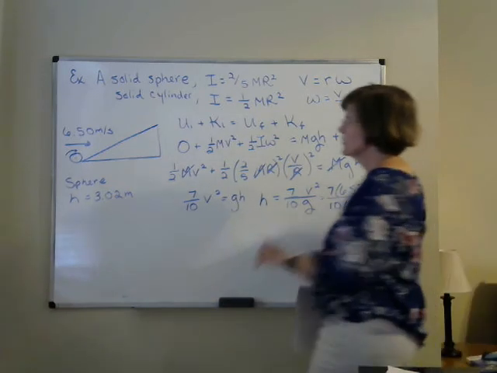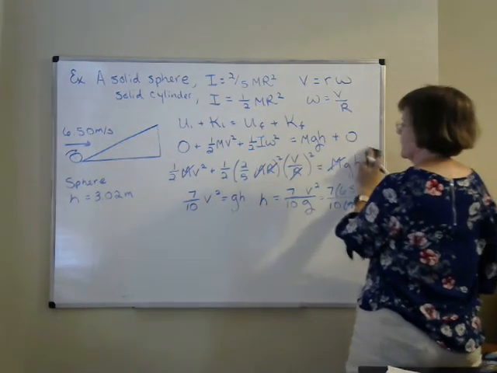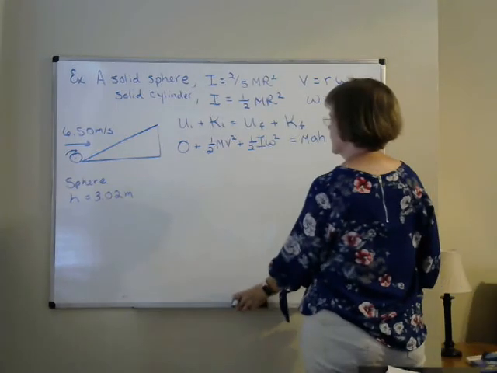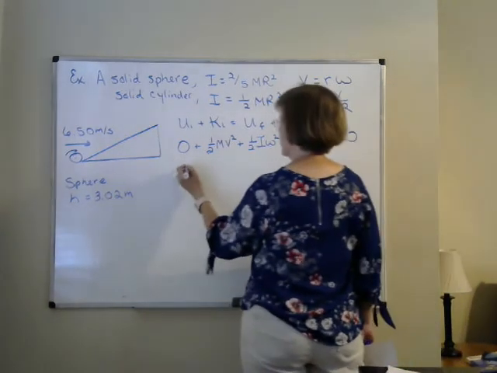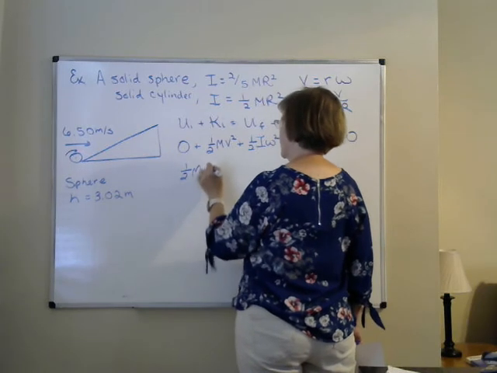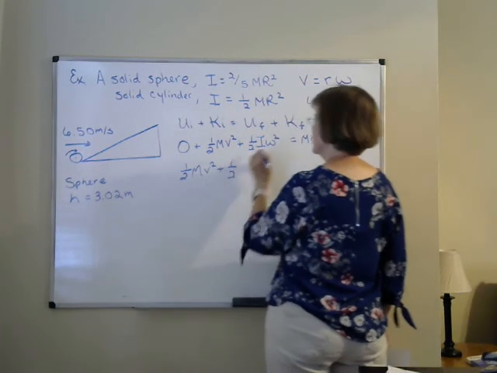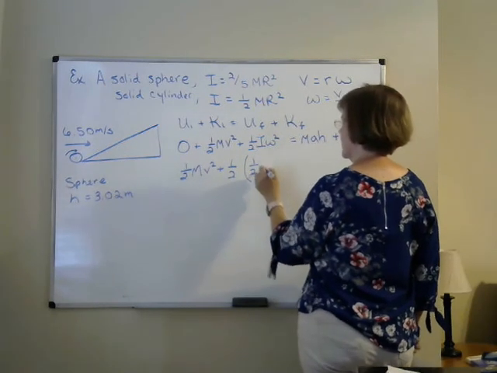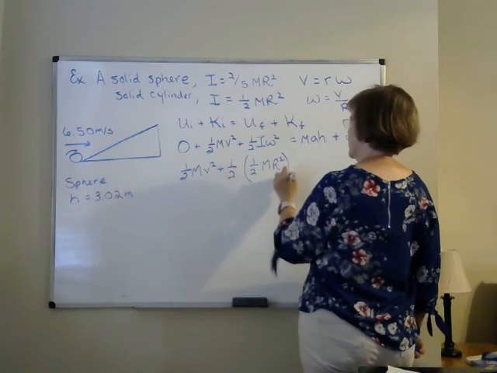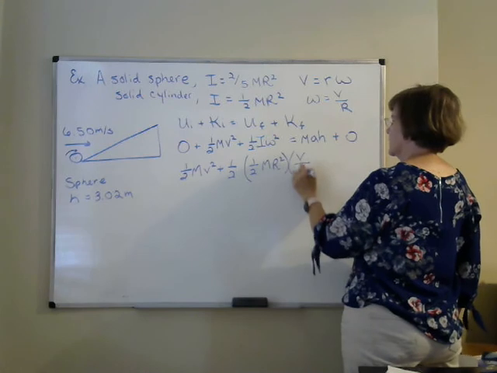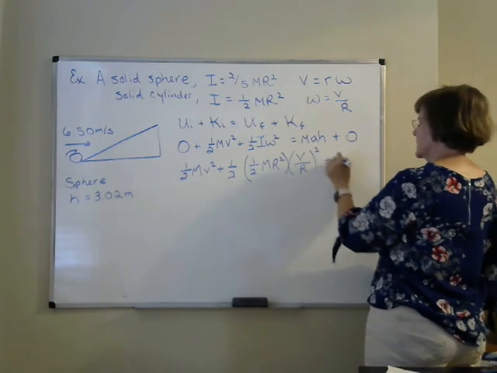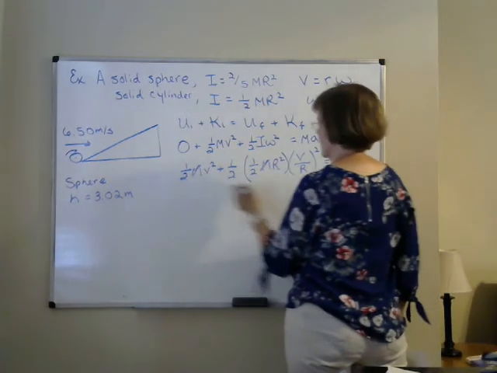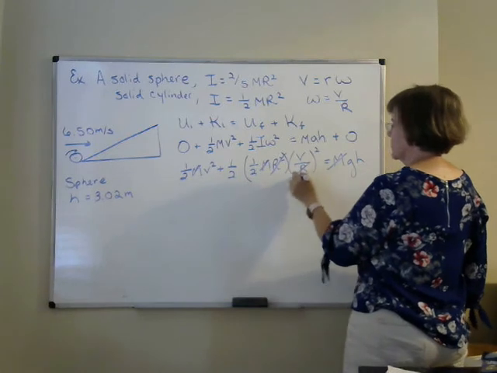All right, let's do the cylinder. The premise is the same. We don't have to erase any of that. That's still exactly true. We now have 1/2 M V squared. We have a different I. That's what changes it. I this time is 1/2 mr squared. Omega is still V over R, squared, equals mgh. Once again, the m's all cancel. This r squared here cancels with this r squared here.